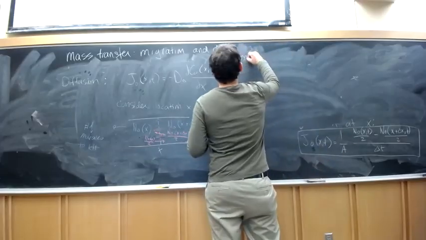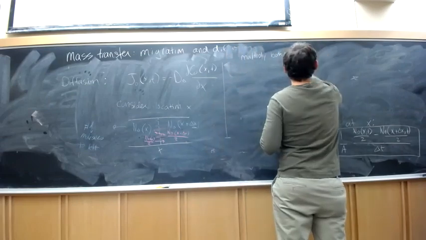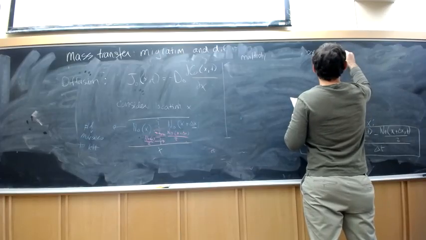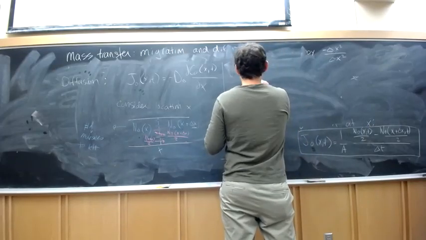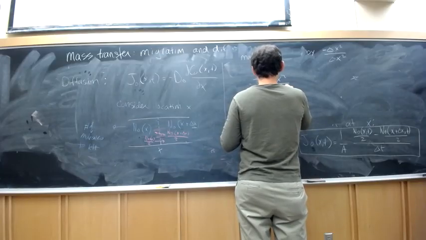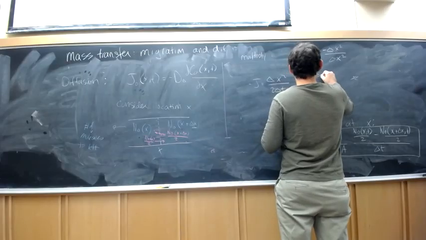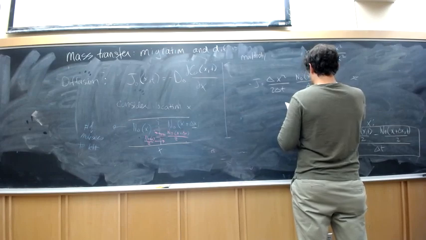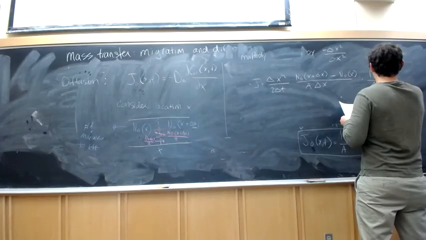So if I multiply both sides by negative delta x squared over delta x squared, then I get negative J equals delta x squared over 2 delta t, and N_O(x plus delta x) over A delta x minus N_O(x) times 1 over A delta x.